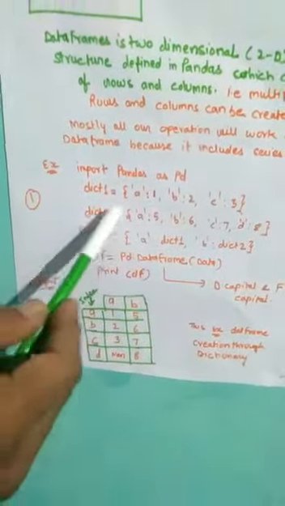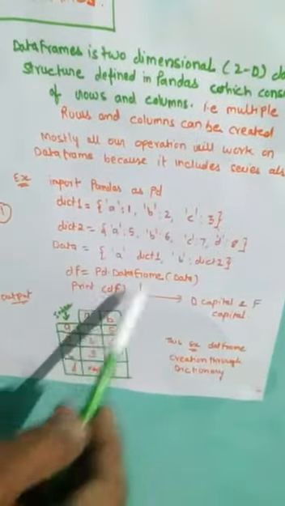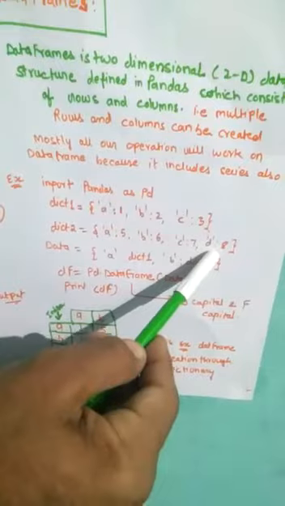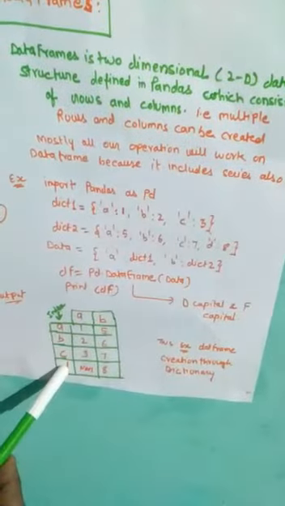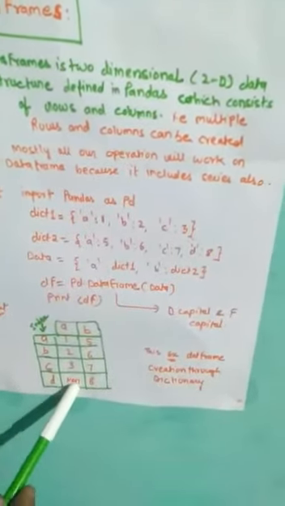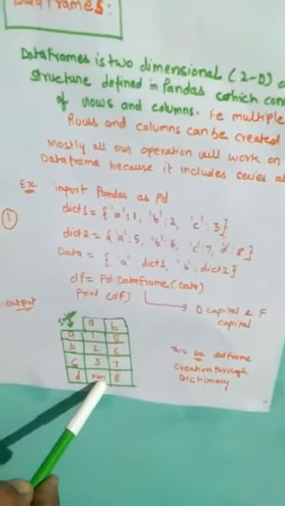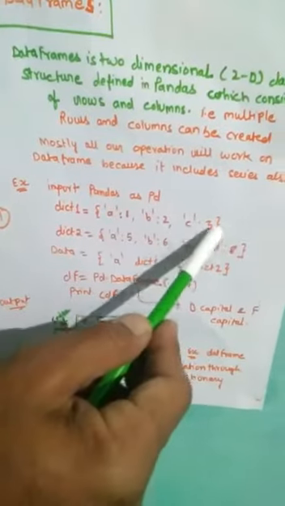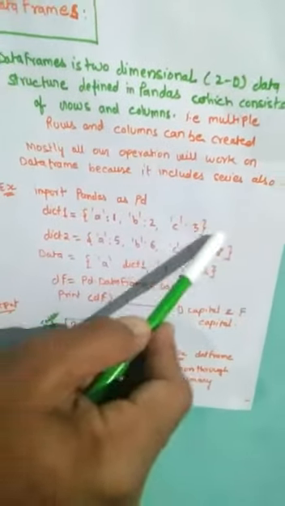And since the index is mentioned A, B, C, it will take A, B, C, and since we have mentioned the index D here, it will take D also. So the index will be A, B, C and D, and the value will be None for D in A because A has no value. That means it doesn't have any value, so we have taken it as None.